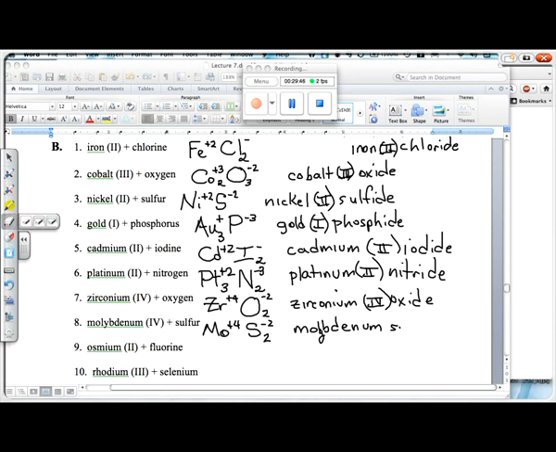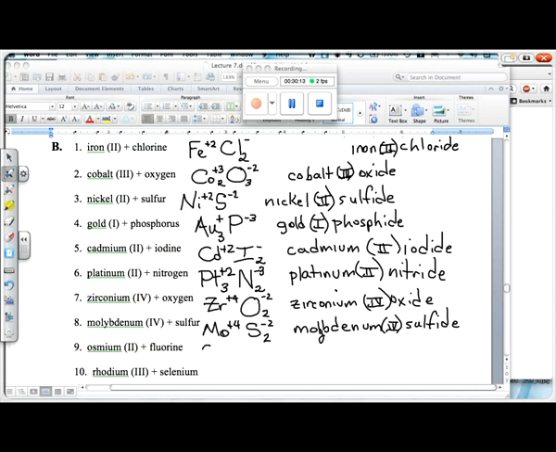Got to put the Roman numeral in the name. Molybdenum 4 sulfide, and the reason why is molybdenum, zirconium, platinum, cadmium, many of these transition metals form more than one ion. So there may very well be a molybdenum 2 sulfide as well. So I have to tell you in the name which one we're talking about.